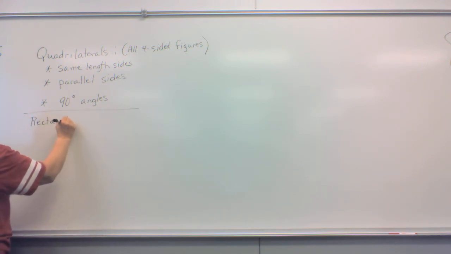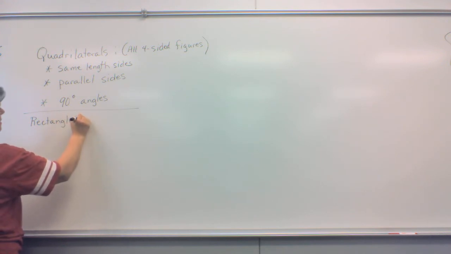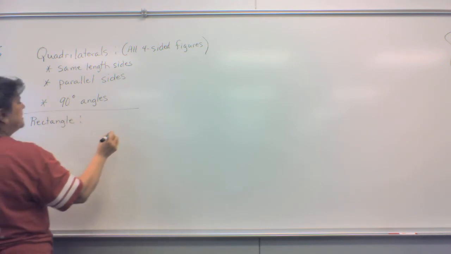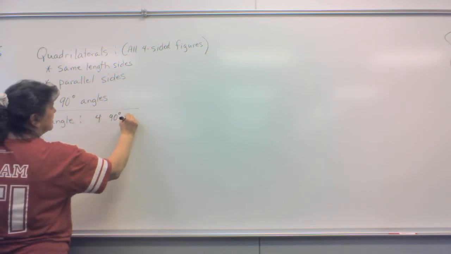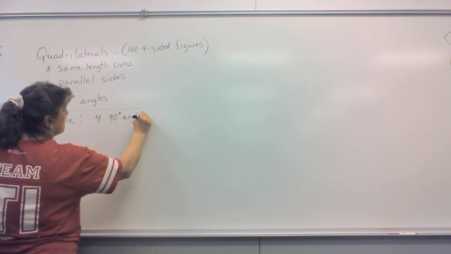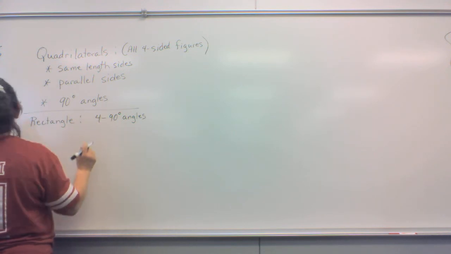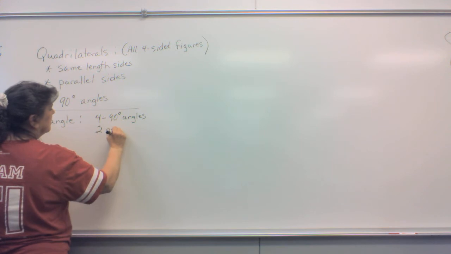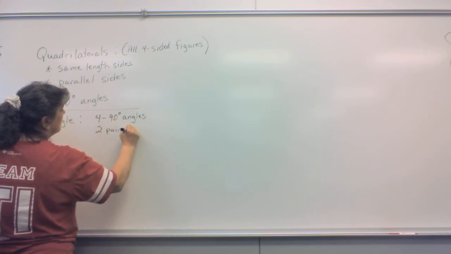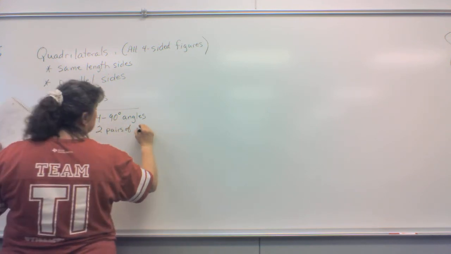What makes a rectangle a rectangle? Well, what are some of the characteristics? It has 4 90-degree angles. What's another characteristic it has? 2 pairs of parallel sides.